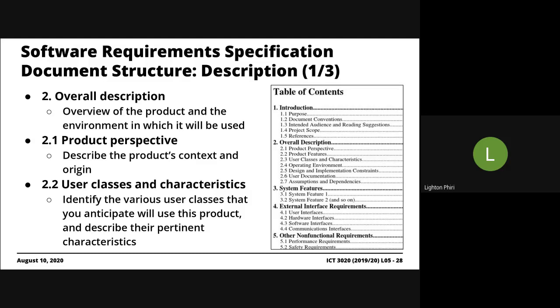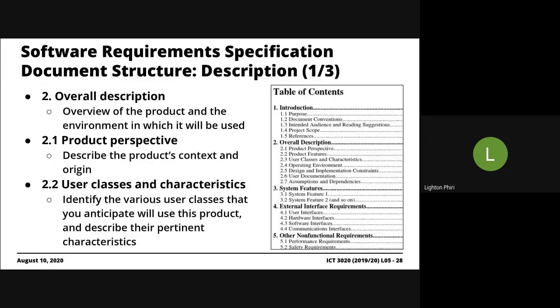These are two different things here. The user classes and their corresponding characteristics have to do with entities or stakeholders that are going to be interacting with the system. So typically you'd have maybe an administrator or a data entry clerk. These are the user classes we're talking about. So you explain all those different roles with a brief description of the characteristics, right?